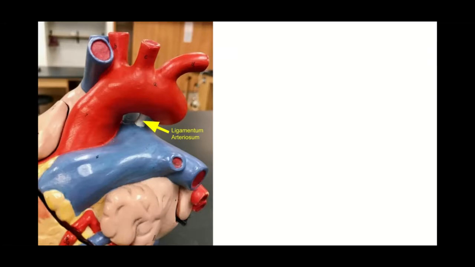During embryonic period, we call it ductus arteriosus. It's a duct and it can transport blood from aorta to pulmonary trunk and vice versa. But after birth, it changed to a ligament and the connection between these two arteries is blocked. So we call it ligamentum arteriosum.